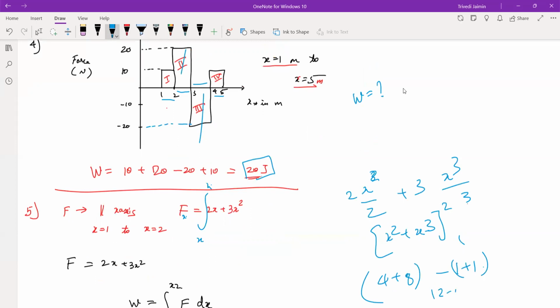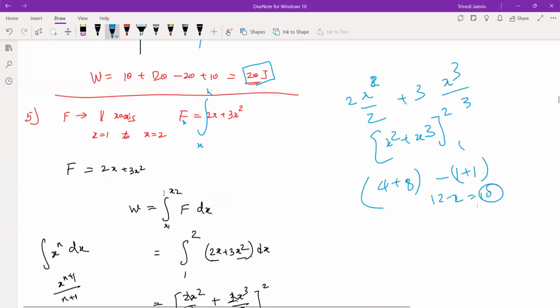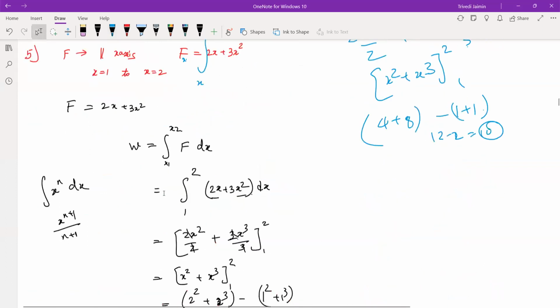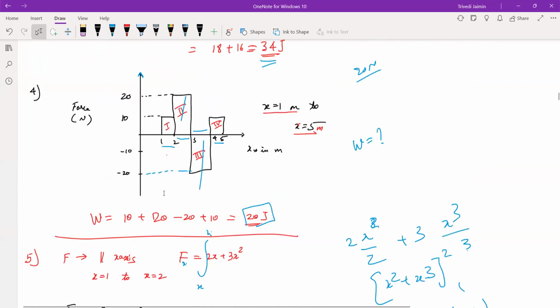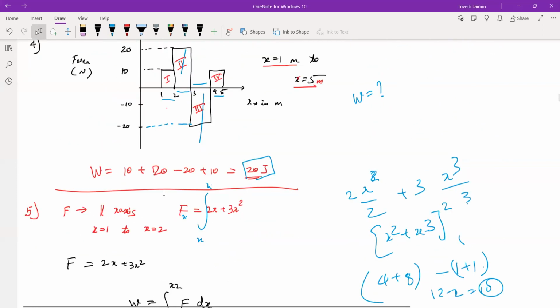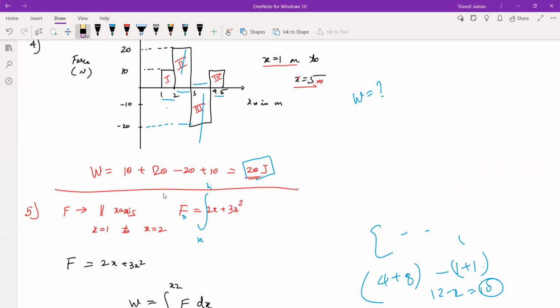So 12 minus 2, which is 10, is the answer. Yeah, 10 units. So in integration, we are increasing the terms, right?